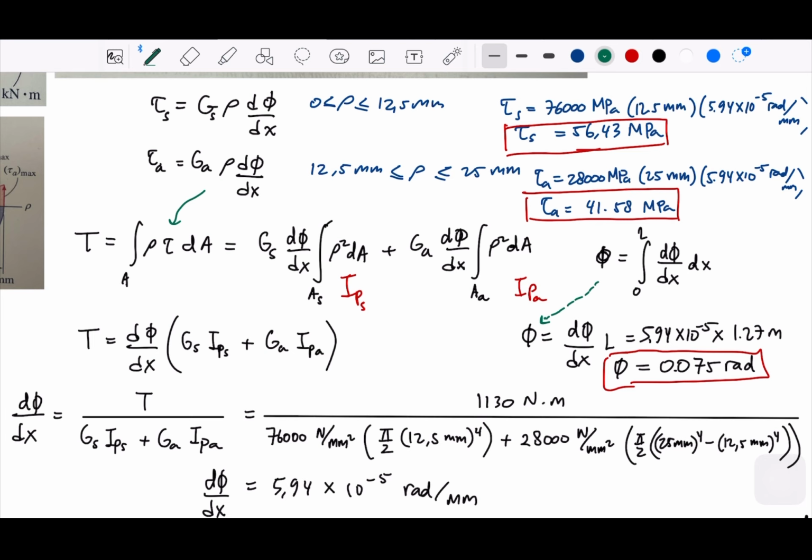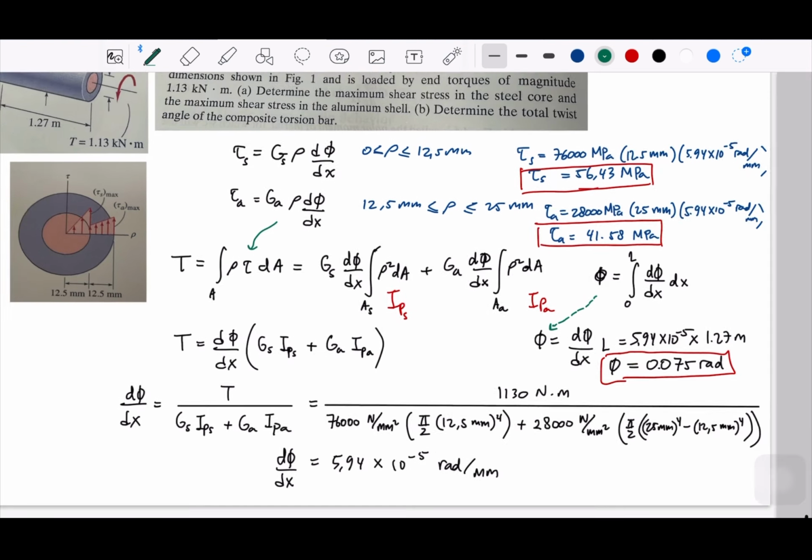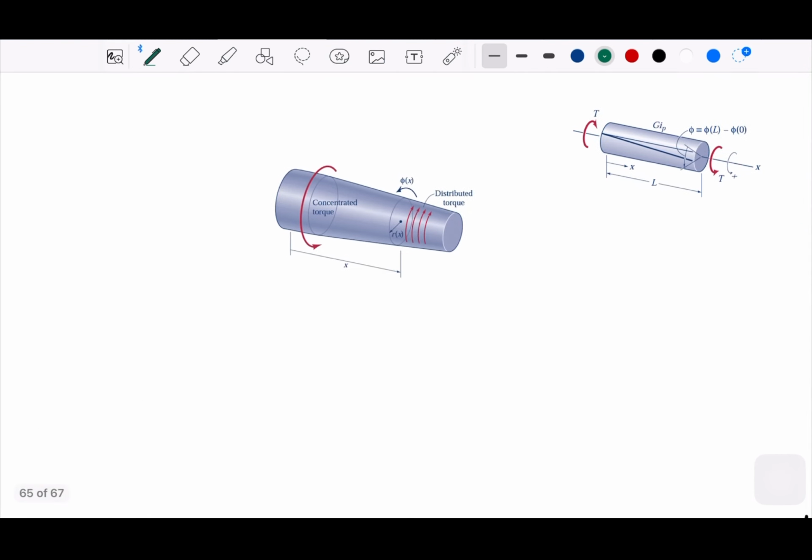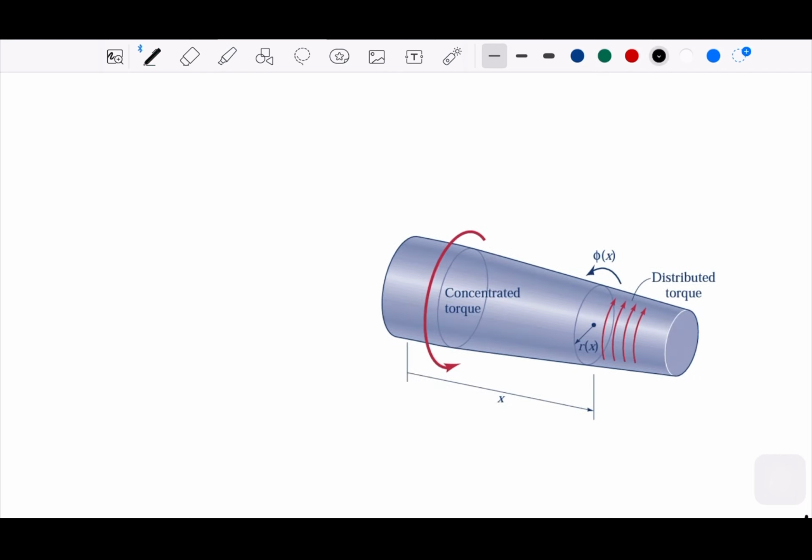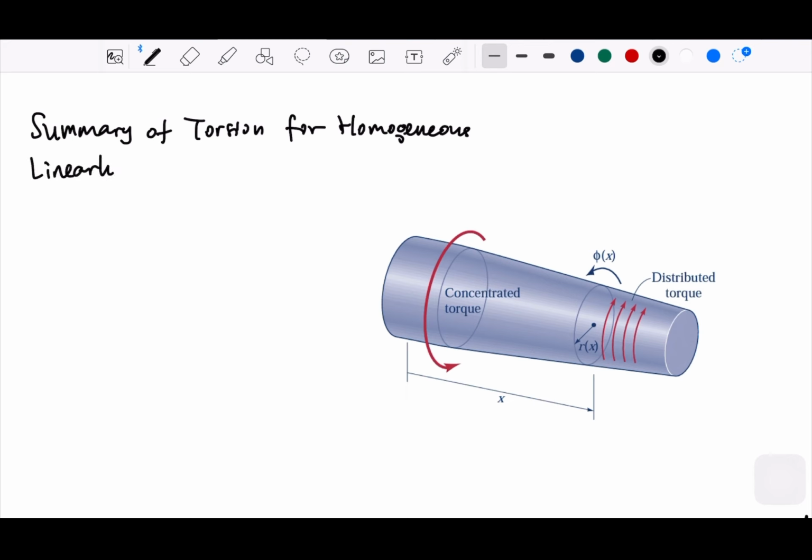Okay, for summary, for this part, let me write here for the linear elastic. So, summary of torsion for homogeneous linearly elastic bars.